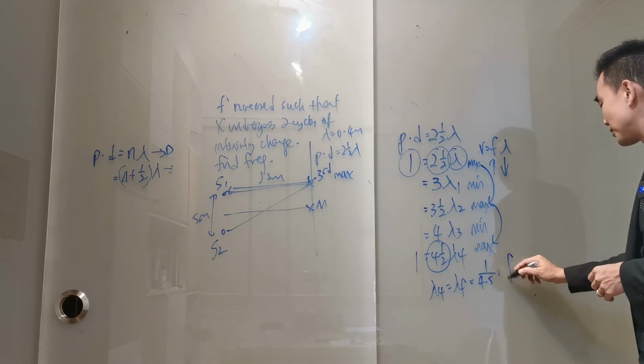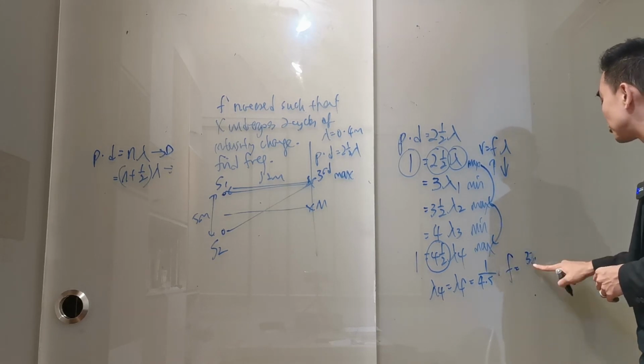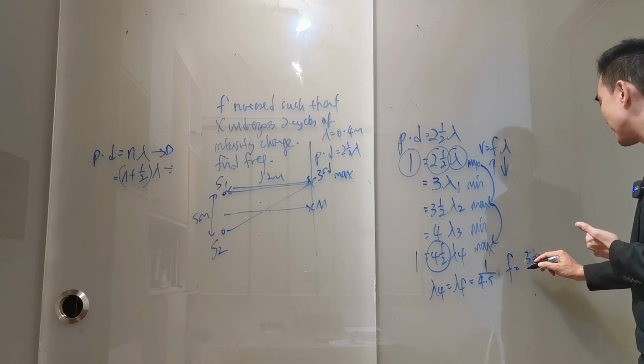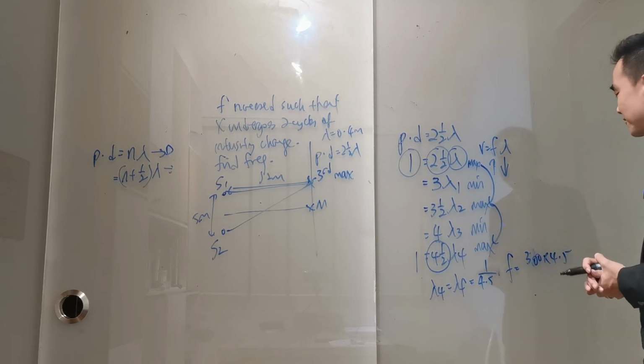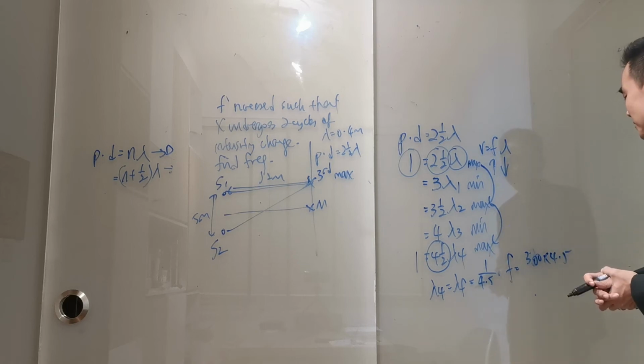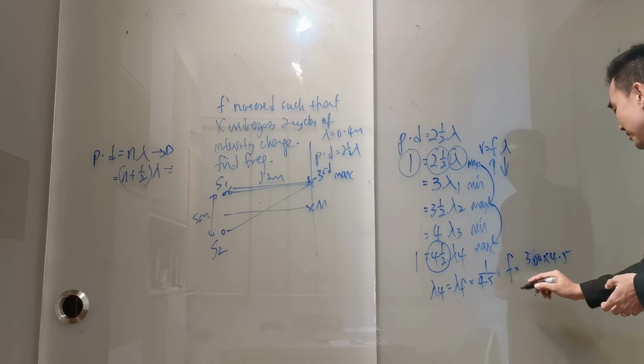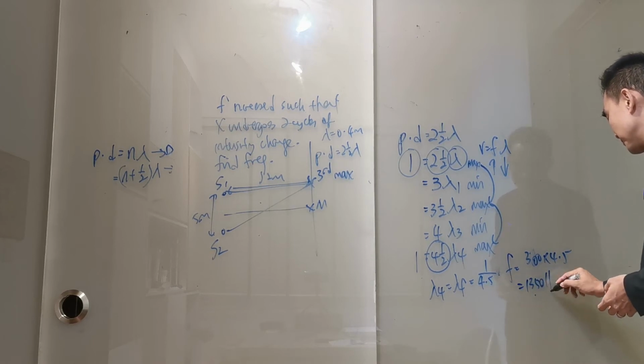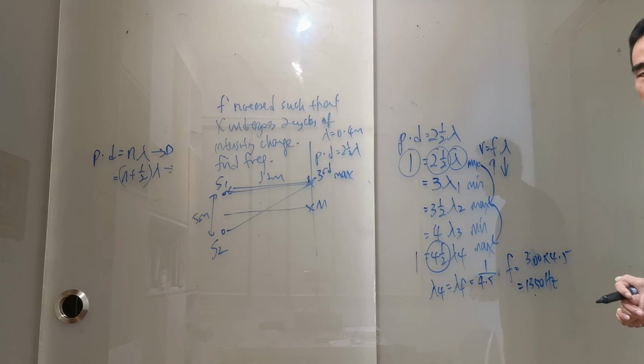But if you define the frequency, it will be 300 divided by the wavelength, which is just times 4.5, because 1 divided by 4.5 will be times 4.5. And this will give you, I think, 1350 hertz. So that's the new frequency.